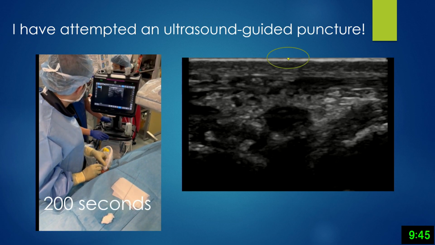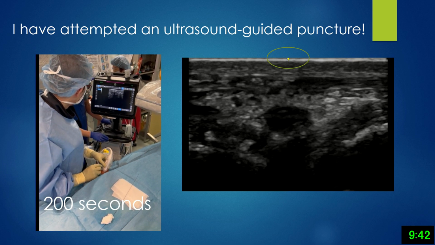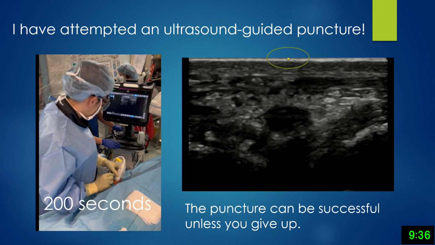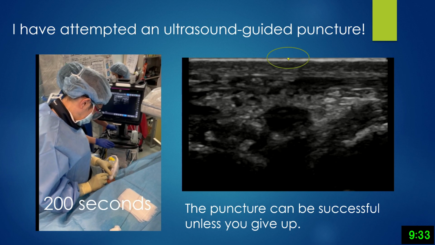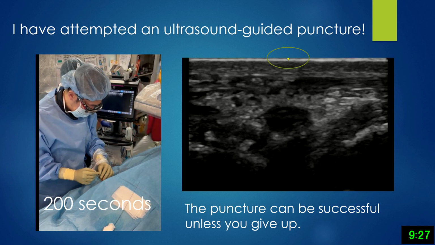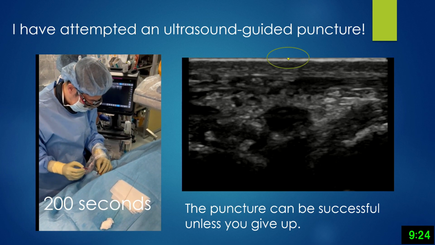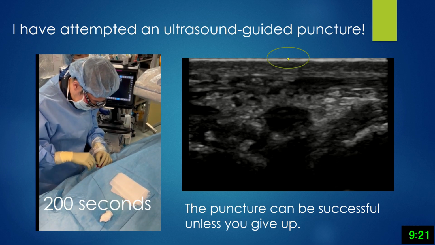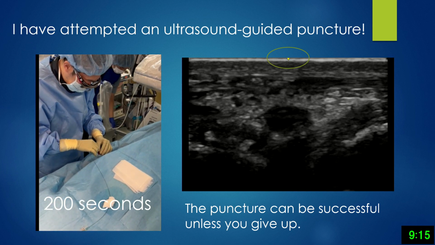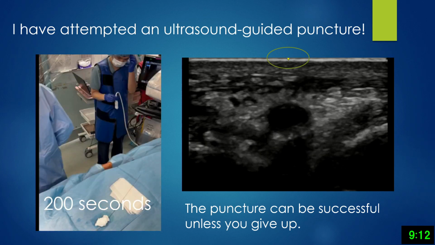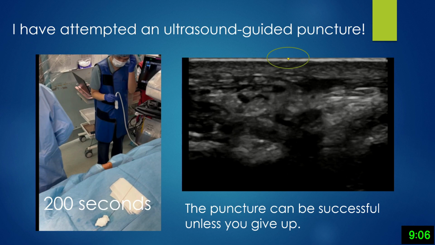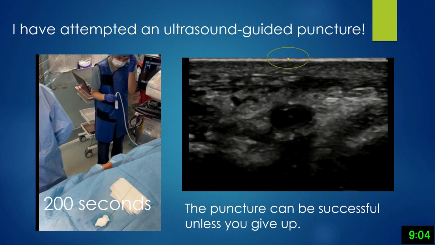It takes 100 seconds from timeout to sheath insertion, but the puncture can be successful unless you give up. Advance the wire a little bit, switch to the angiography guide. This case was successful through insertion, but the puncture had been made obliquely in relation to the artery.